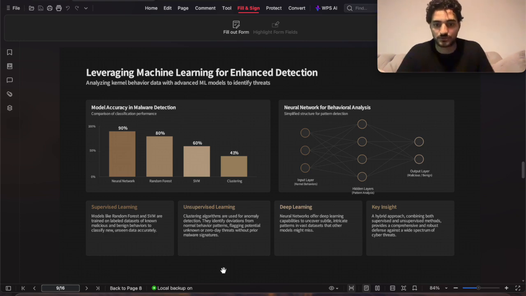Deep learning neural networks offer deep learning capabilities to uncover subtle and abstract patterns in vast datasets that other models might miss. Key insights: a hybrid approach combining both supervised and unsupervised methods provides a comprehensive and robust defense against a wide spectrum of cyber threats.